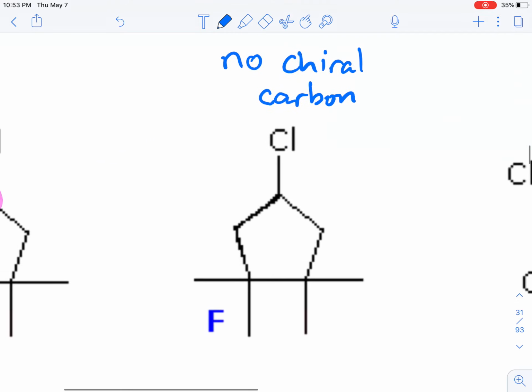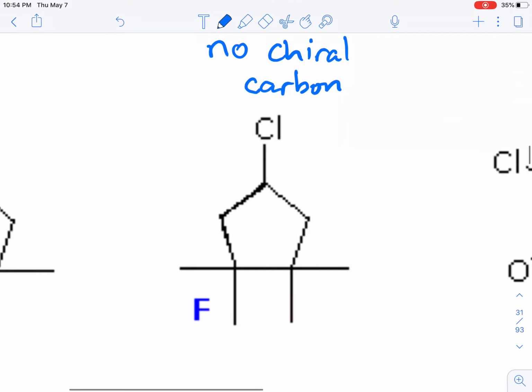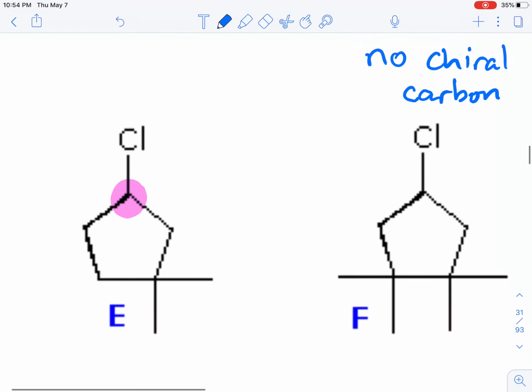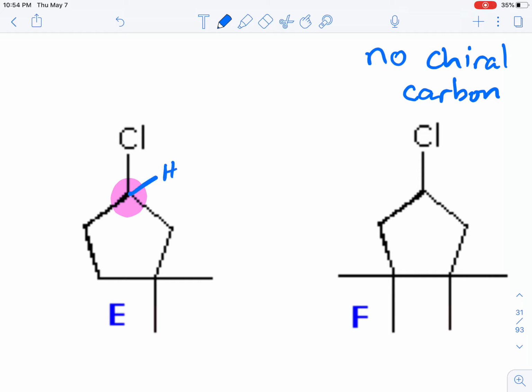Now, if you guys are looking at this molecule, letter F, okay. Actually, let's go ahead and look at letter E. And so here there's 1 hydrogen. And so if we're looking at this carbon, we have 2 unique attachments. And so I'm going to go ahead and draw a line, cut it in half, so to speak.